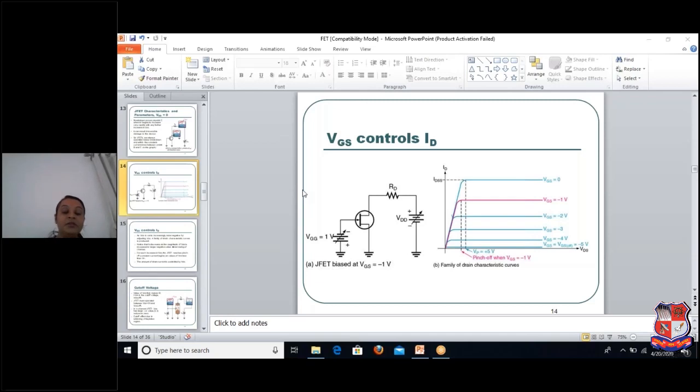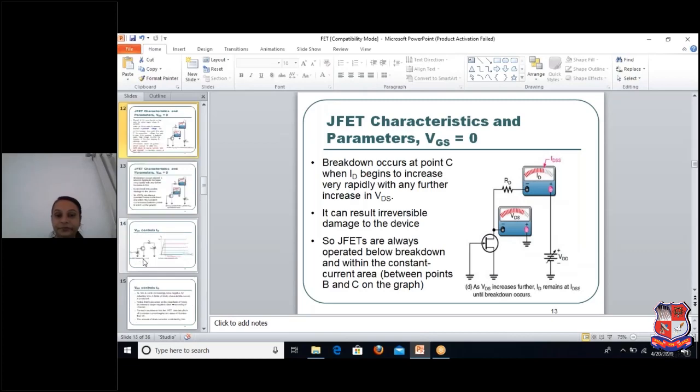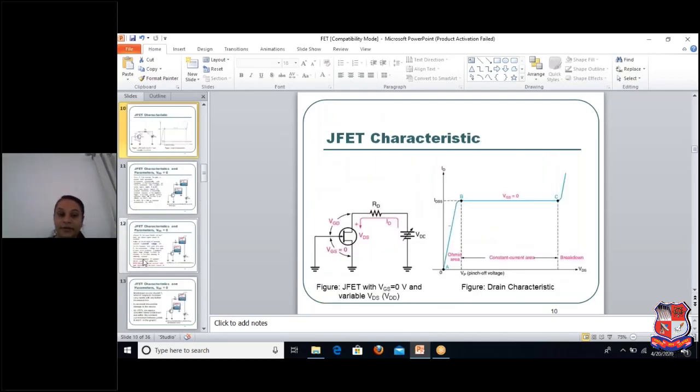So here we give a negative voltage, first VGS equal to minus 1. Okay, so what happens? We will see in the structure.